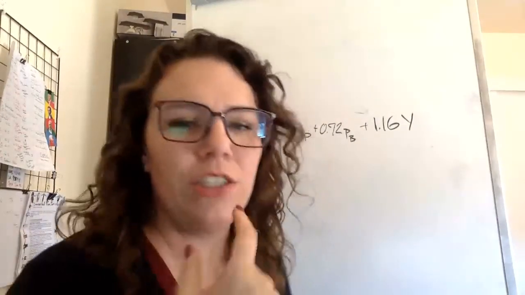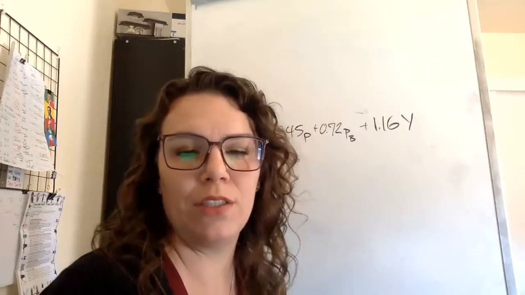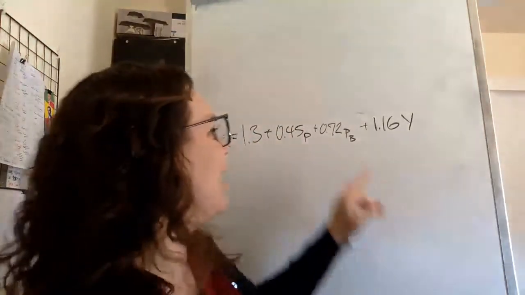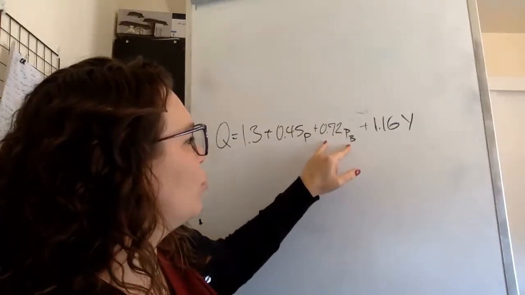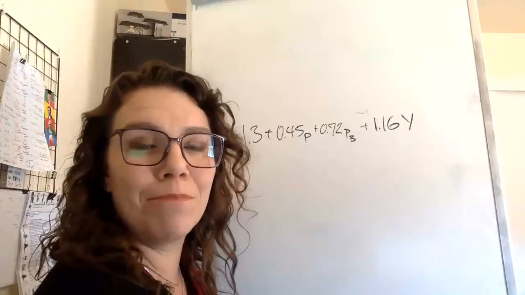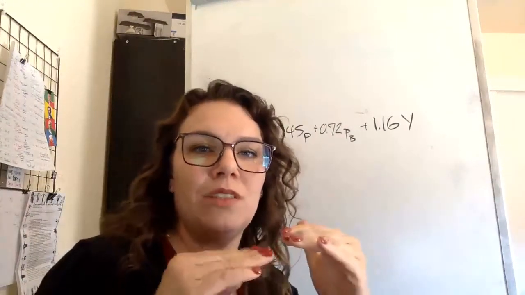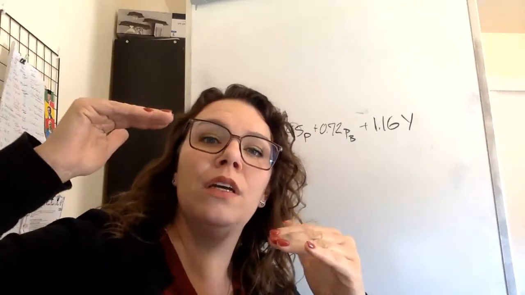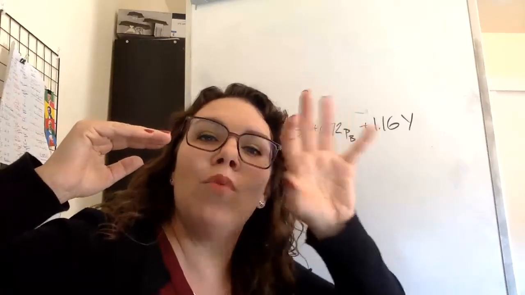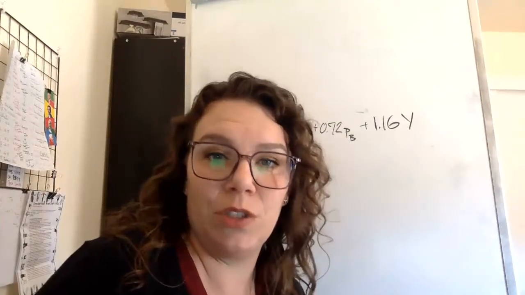That leaves the question to be, is it a substitute good or a complement good? And if increasing the price of burritos is going to have a positive effect on the quantity demanded of pizza, that means that they are substitutes. As the price of burritos goes up, consumers are going to demand more pizza because it's relatively more affordable. So that tells us that it's a substitute good.